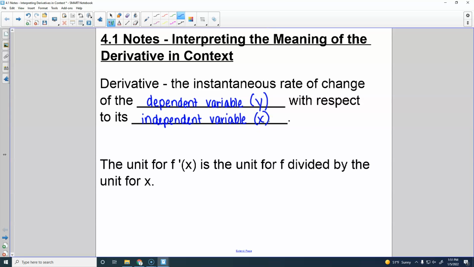Think about the notation we use for this. For our derivative, sometimes we call it f prime of x, sometimes y prime. It's also dy over dx: the rate of change of the dependent, which is y, with respect to the independent, which is x.